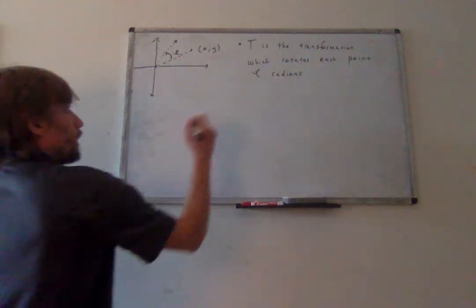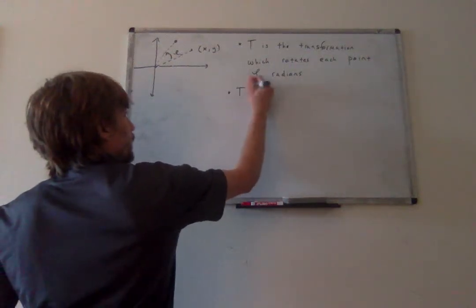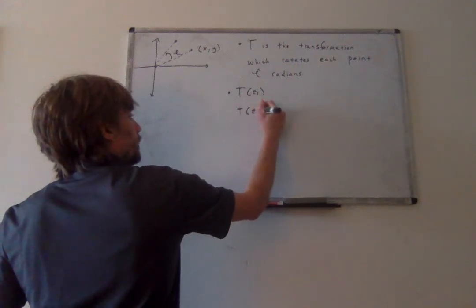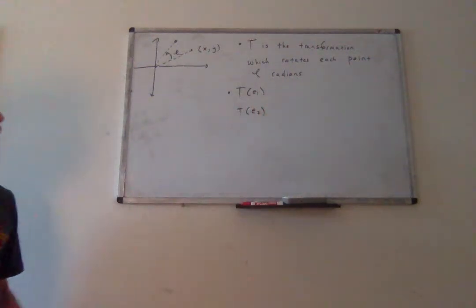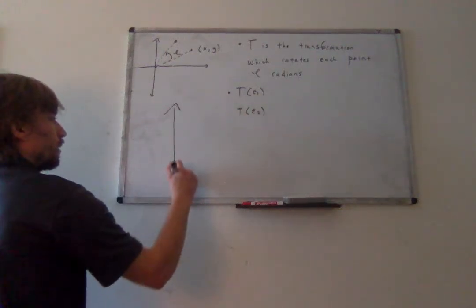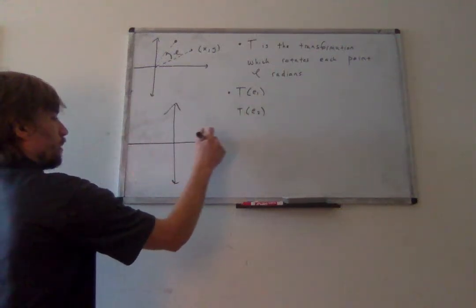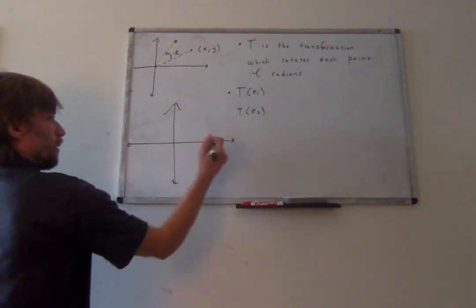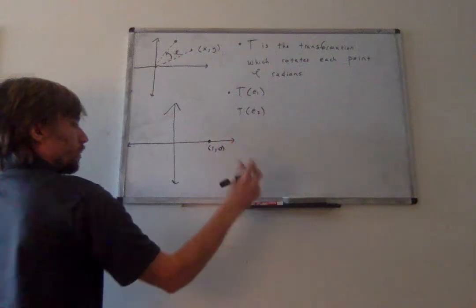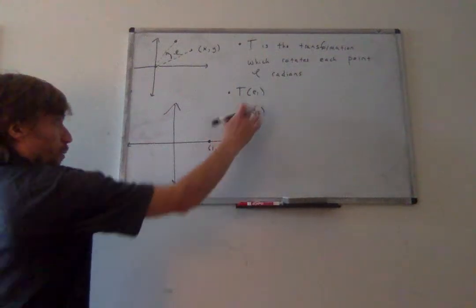And to do so, we need to know what happens to T of e1 and T of e2. So let's look at T of e1 and e2 on the plane. I'm going to start with the point (1, 0), which is the point e1.